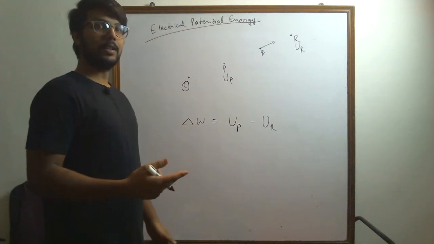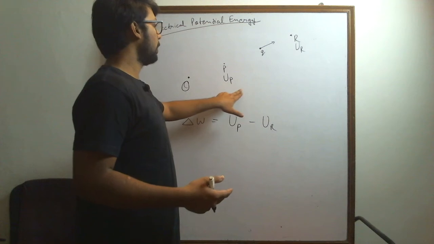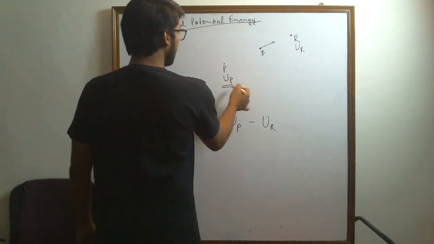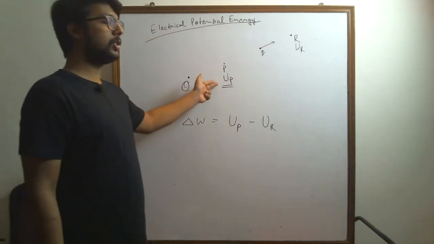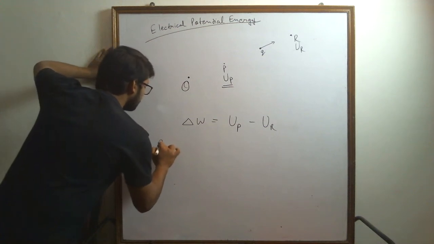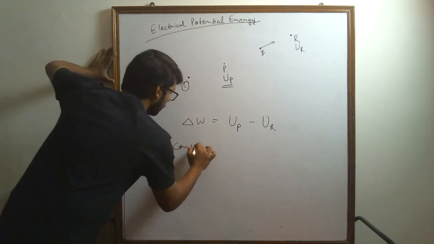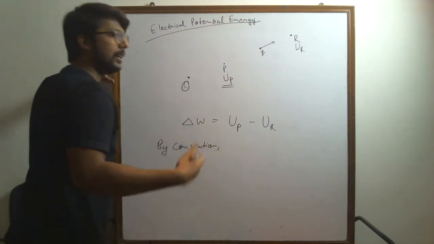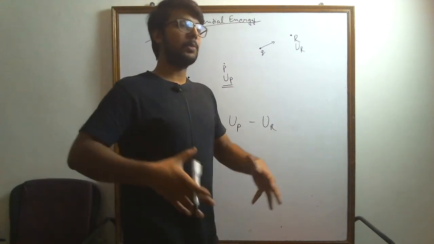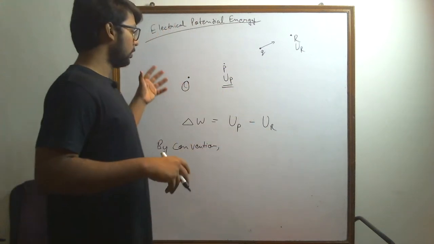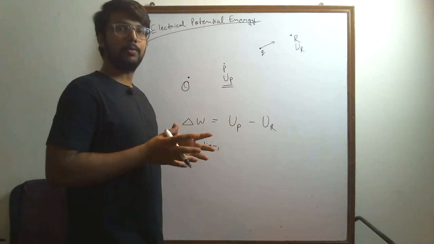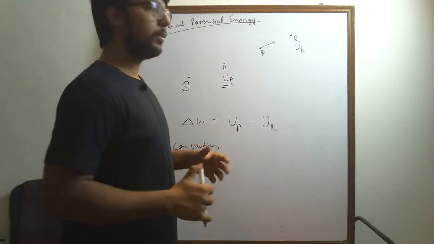Now, when we take it as a difference, how do we then define potential energy for a single point? That means, how can I define the potential energy at P? What I do is, I use convention. Convention is just agreed upon rules by this community. The community of scientists came together, they decided that, hey, let's agree to this form, and then everywhere we can use this convention.